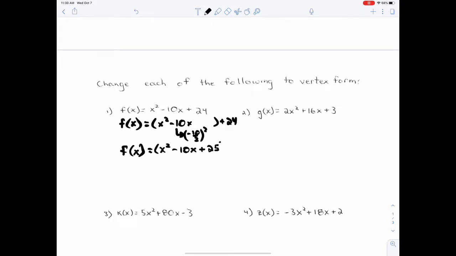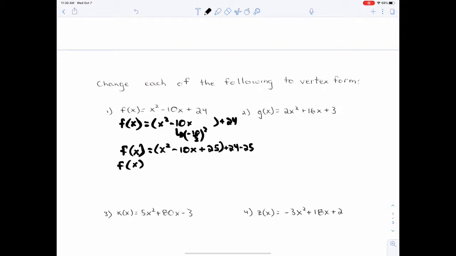So now, what did I just add to that side of the equation that wasn't there before? There is now a 25 on the second line that was not on the first line. So to keep everything the same, I've got to subtract 25 at the same time.